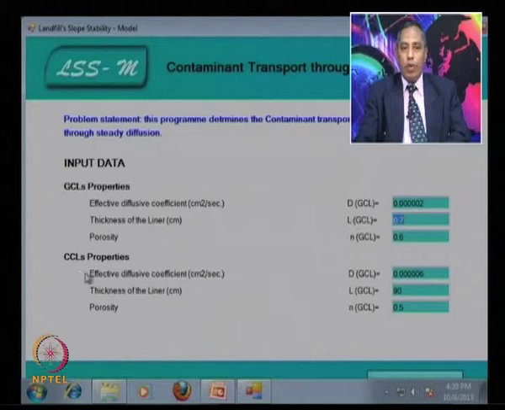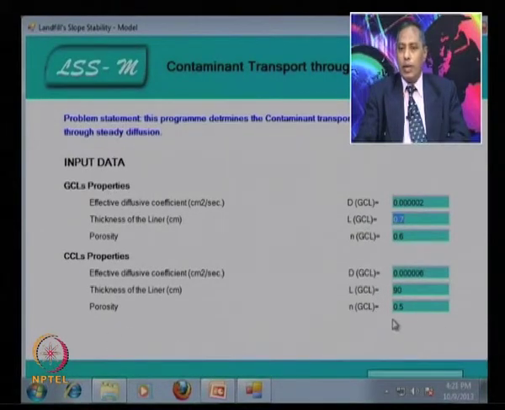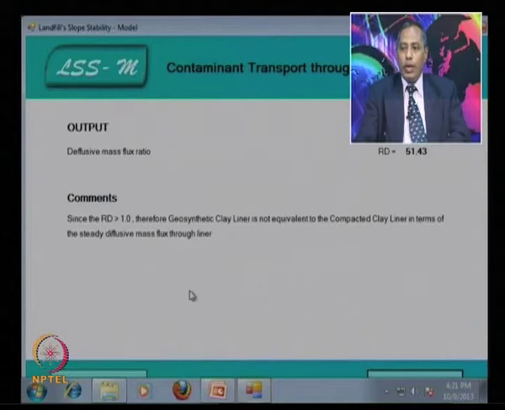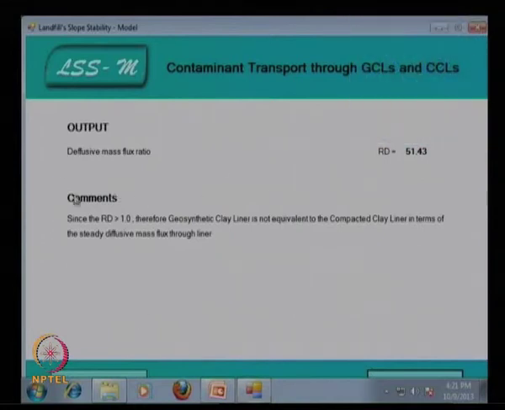The CCL, compacted clay liner, has its effective diffusion coefficient D, and a thickness of the liner, L CCL, equal to 90 centimeter, and porosity equal to 0.5. So if you substitute this input data, you get the output: the diffusive mass flux ratio RD is 51.43.